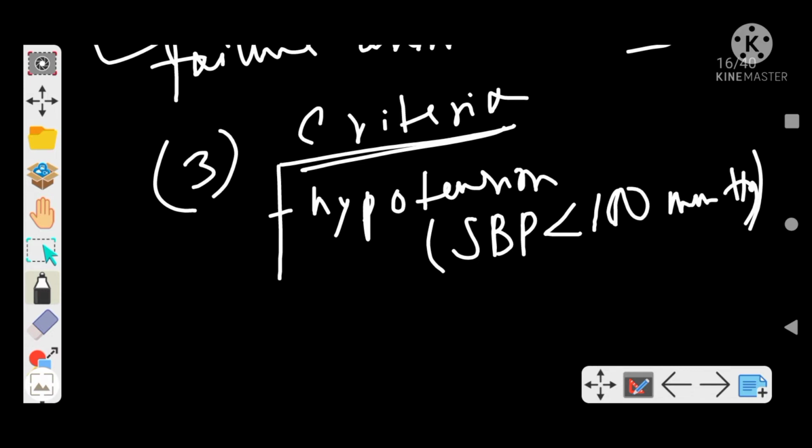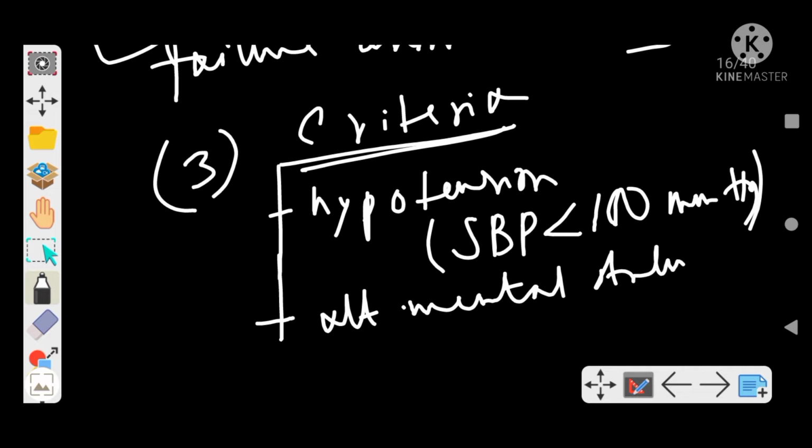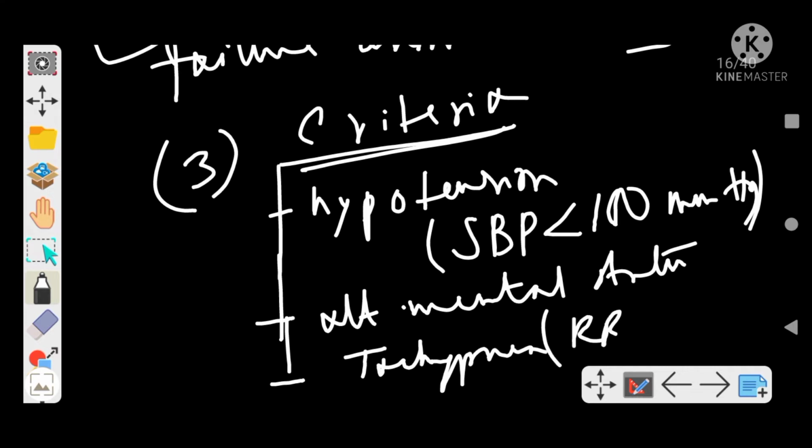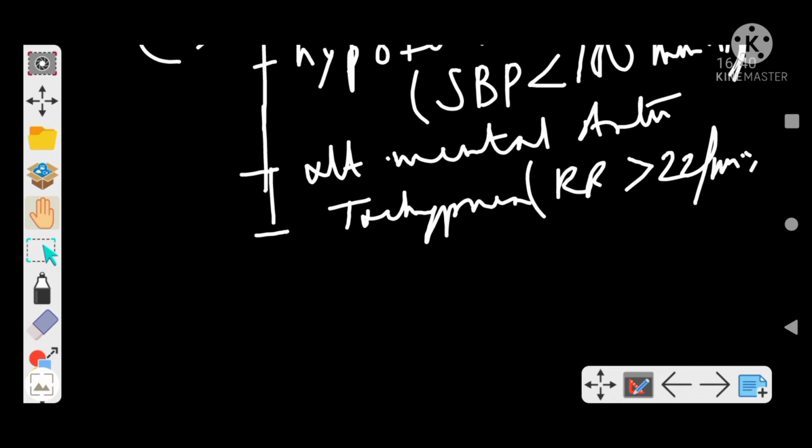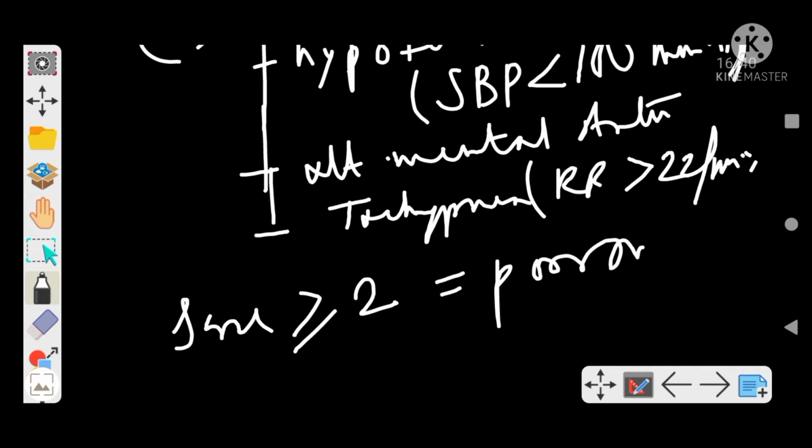Next is altered mental status, and third is tachypnea, with respiratory rate more than 22 per minute, right? So these are your three criteria, and a score of more than or equal to 2 always suggests a greater risk of poor outcome. So remember these points, right?